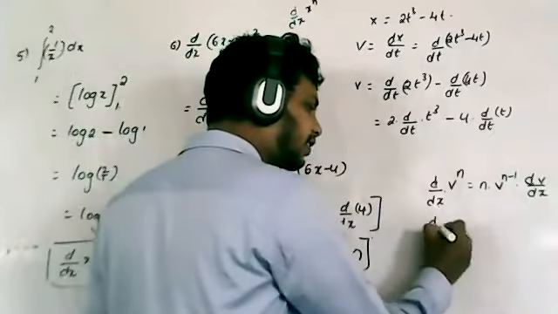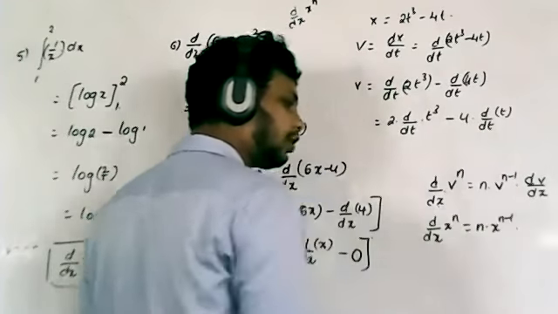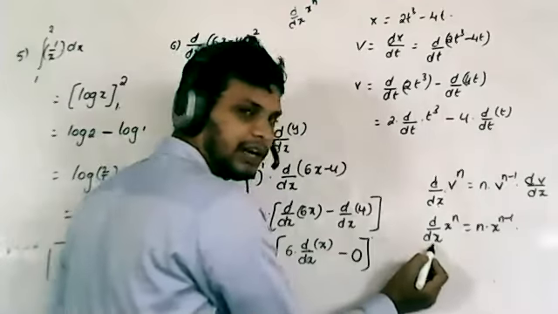For example, d by dx of x power n is n into x power n minus 1, into d by dx of x, because here the function is also x and the element is also x.